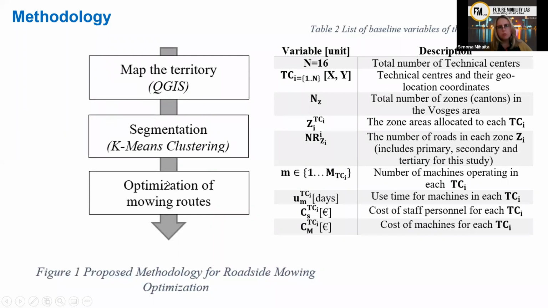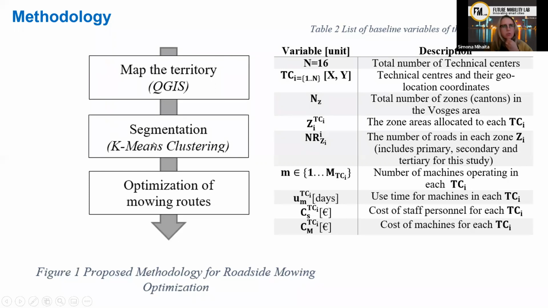Now, in terms of the scientific methodology that we applied, we first looked at mapping the territory, using QGIS, one of the main common tools for mapping and quick geographical investigation. Apart from that, we applied a road segmentation approach that I'm going to describe in the next slides.